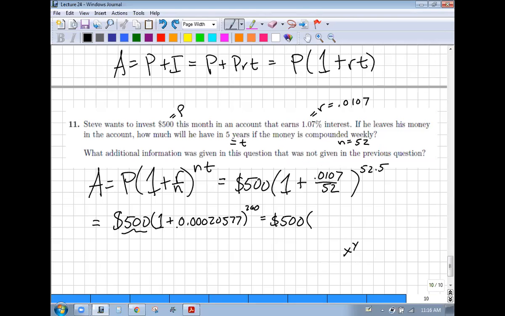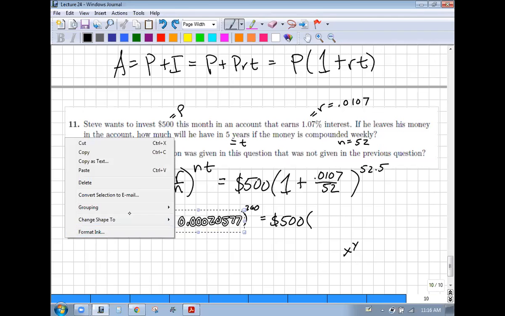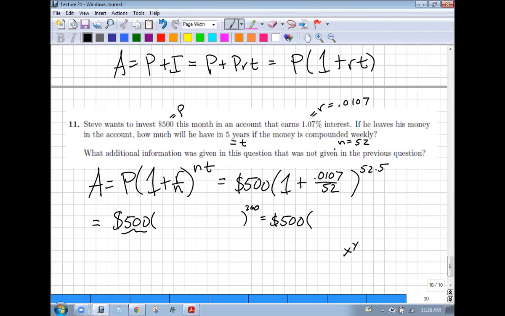See, we've already rounded here. So instead of doing that, I'm going to plug this into my calculator all at once. I'm going to start with this 0.0107. Now I'm going to divide by 52, and I got some decimal. All right, now I'm going to add 1, and now I got 1.0020577. I haven't rounded anything yet, right? Now I'm going to hit to the power of 260, right?